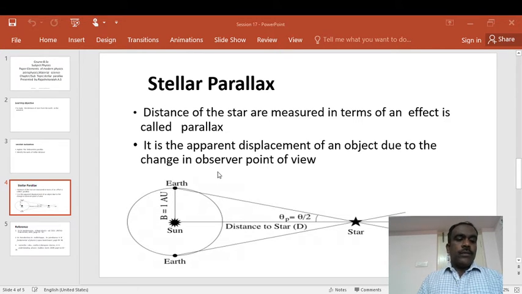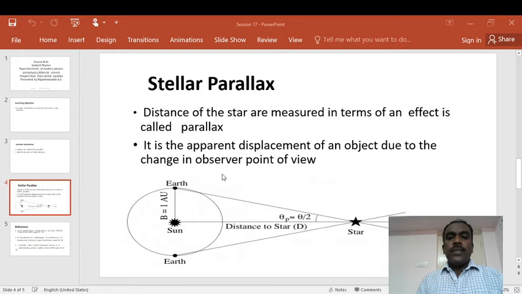Stellar parallax is defined as the angle theta p, theta by 2 in seconds of arc, subtended at the star by the mean radius of the Earth orbit around the sun. To determine the distance of the star from the Earth, we use the diameter of the Earth orbit as the baseline.